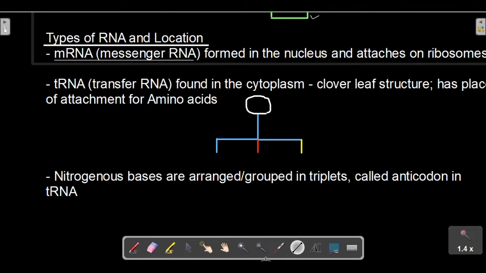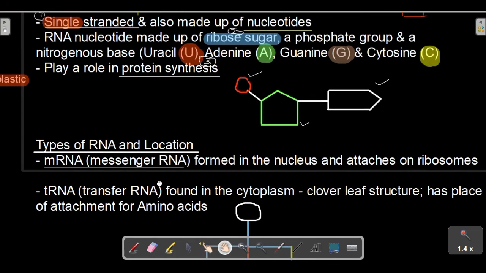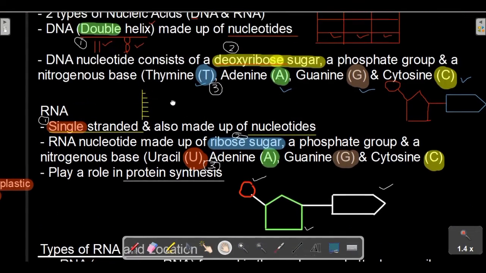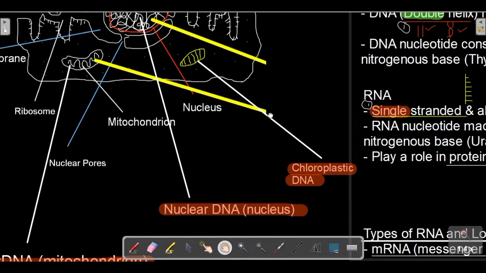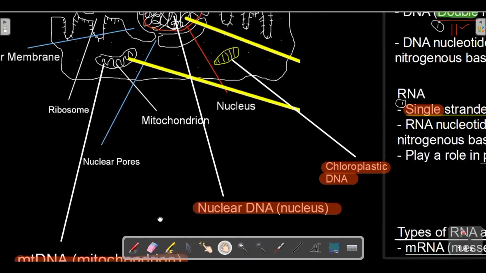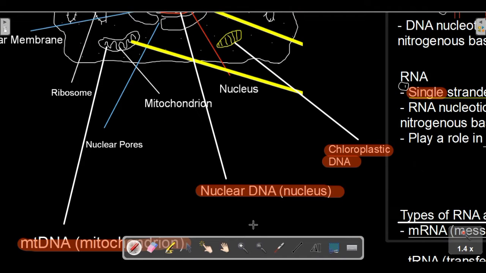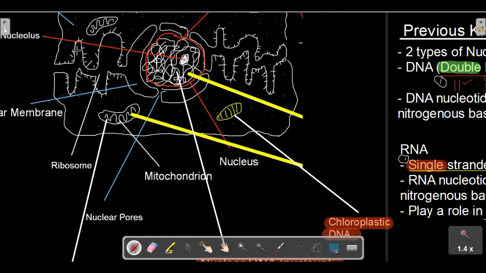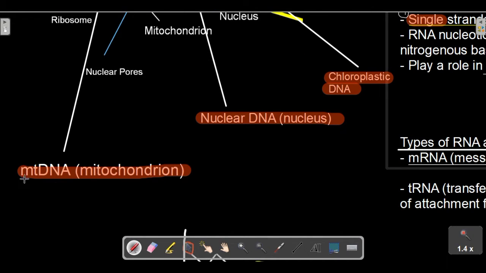And it is actually formed. So it's not found anywhere, unlike others like your DNA. Remember, we said that you have DNA inside the nucleus, which we call the nuclear DNA. You have DNA in the mitochondrion, which we call mtDNA or mitochondrial DNA.